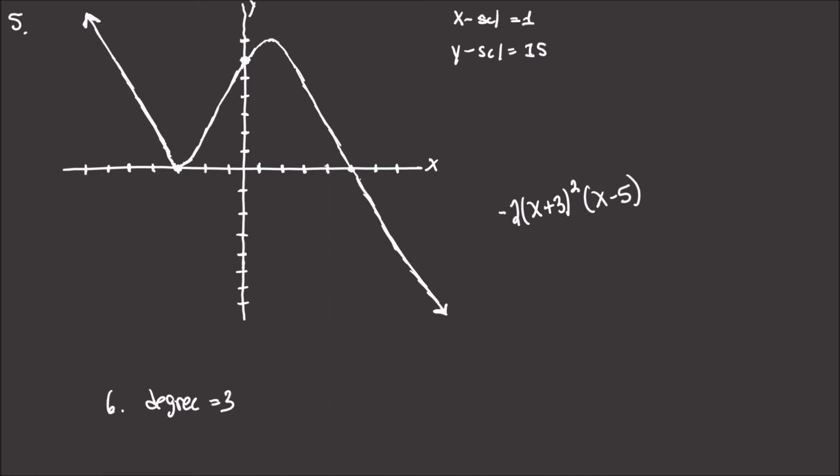Now, number of turning points we have: here's 1, here's 2, and that's it. Well, 2 is no more than 1 less than 3. So that checks out, and so we're done.